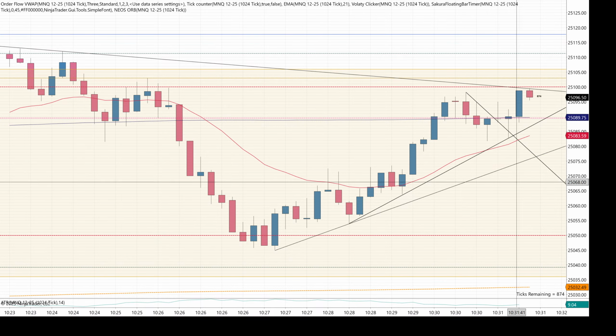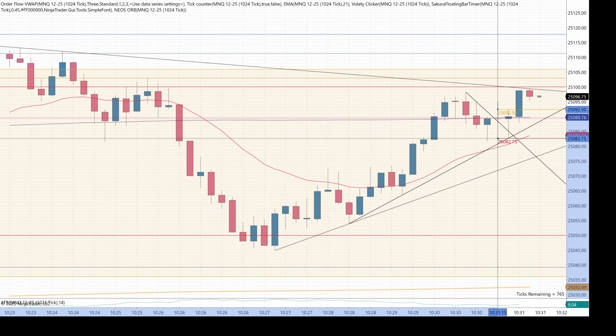Okay. False positive bullish based on this hammer.